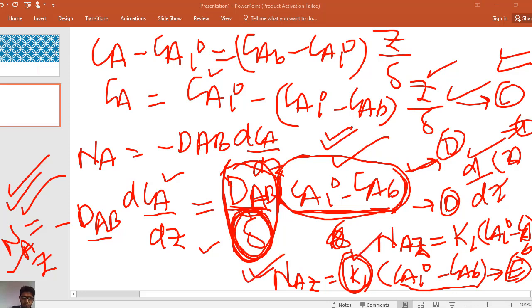This equation is for the mass transfer of component A in the Z direction. This is the concentration of A at the interface, and this is the concentration of A in the bulk. This is for convective mass transport, the mass transfer coefficient KL, which is for the liquid. So KL is equal to DAB divided by thickness.